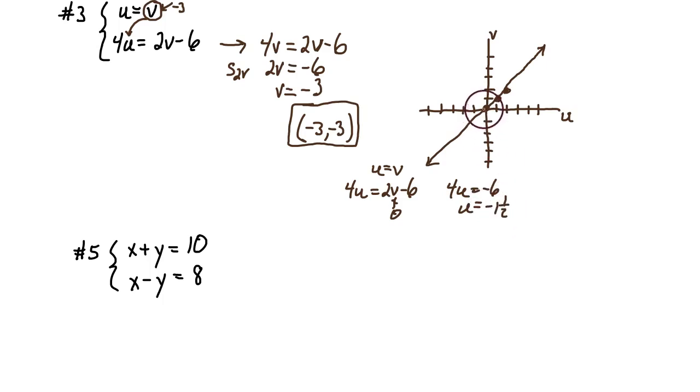So on the u-axis at negative 1.5, there's a dot. Now let's fill in 0 for the letter u. Our equation will become 0 equals 2v minus 6. From this we can get v equals 3. So the v-intercept is at positive 3. And we can draw the line through the dots.